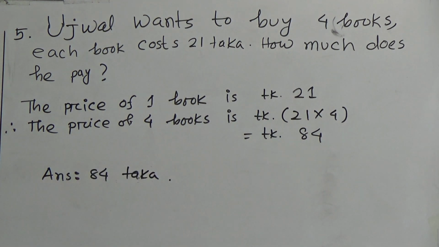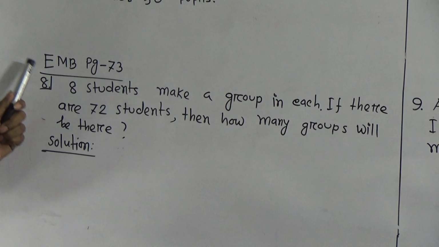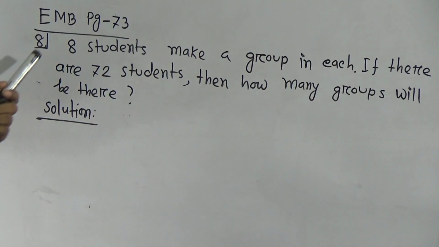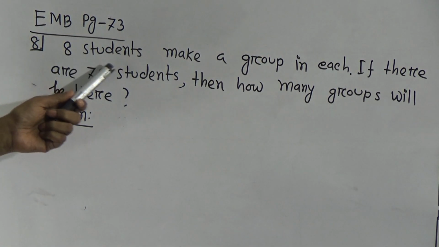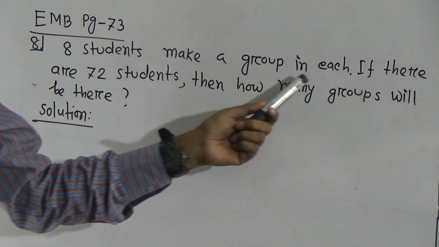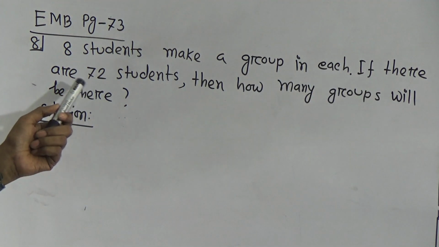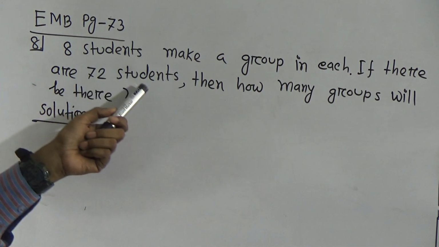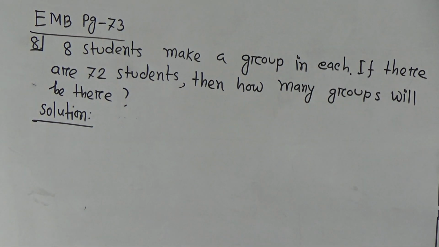Okay. Now I will solve question number 8, which is taken from EMB page 73. Look, at first you read the question. 8 students make a group in each. If there are 72 students, then how many groups will be there?